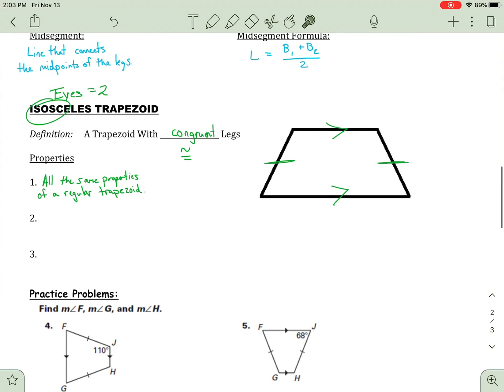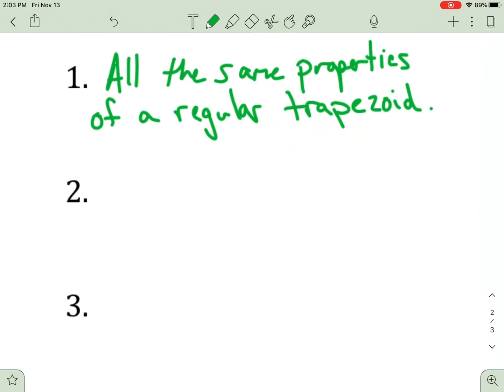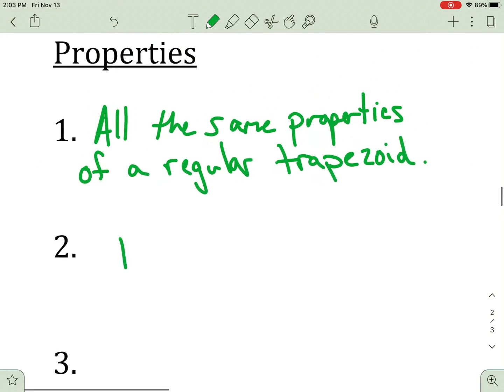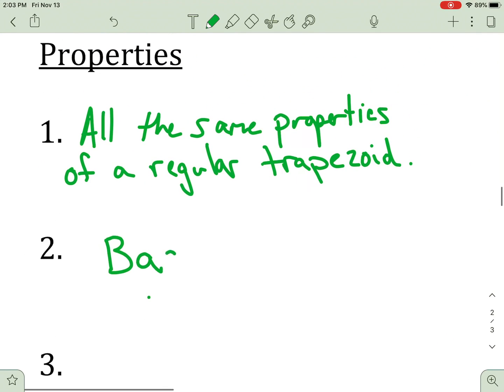So that doesn't go away. Now we're going to add on 2 more properties for an isosceles trapezoid, and that's that the base angles are congruent.